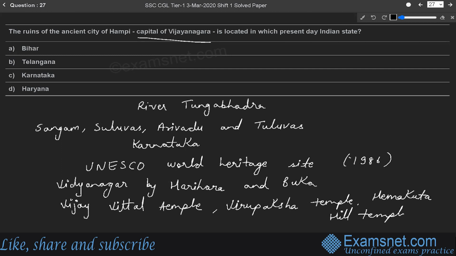These are the major temples of this area. So for this question, we have to find where the ruins of the ancient city of Hampi, which is the capital of Vijayanagar, are located in present-day India. So the Indian state is Karnataka. The ruins of the ancient city of Hampi is a historical site which is located in Karnataka. So for this question, the correct answer will be option number C, which is Karnataka. I hope you are clear with this question.